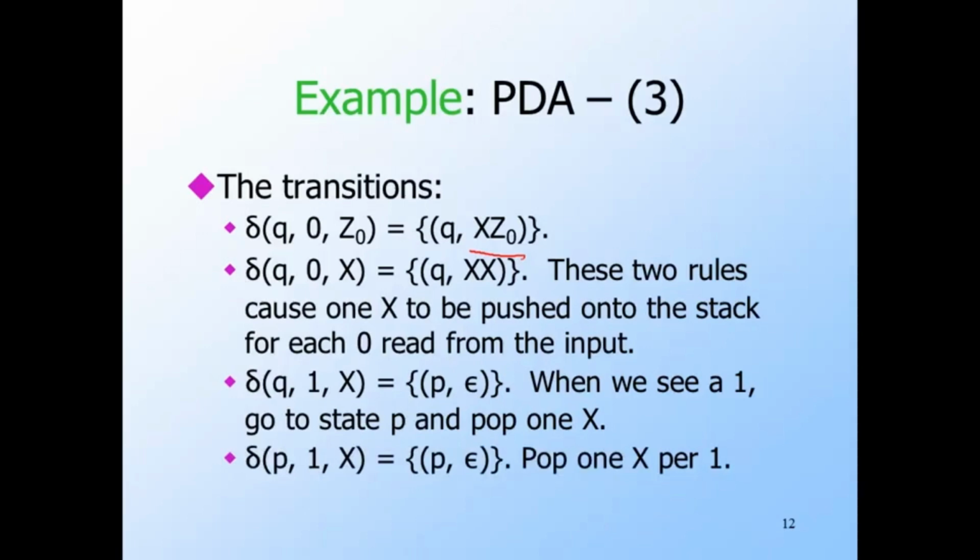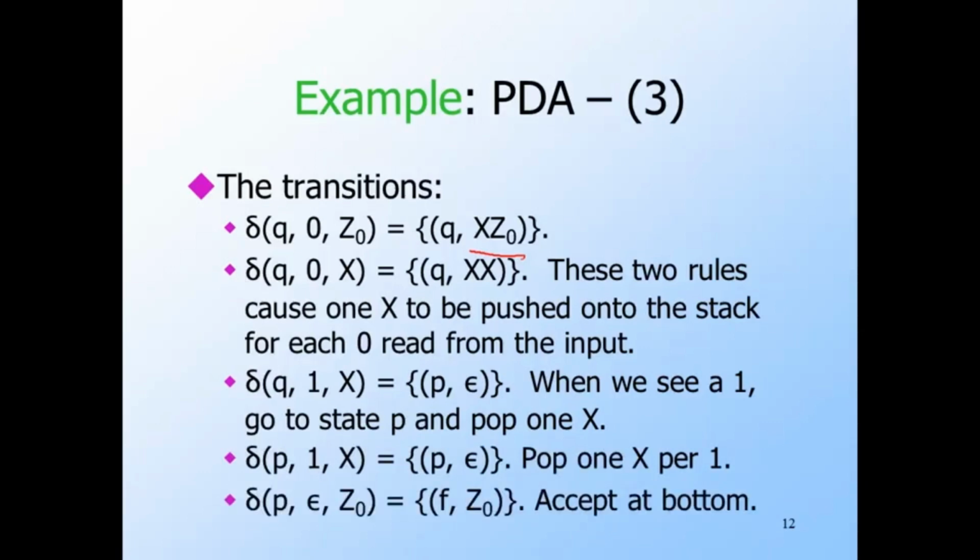Thus, after seeing n zeros followed by m 1s, the number of X's remaining on the stack will be n minus m. And thus, after seeing n zeros followed by exactly n 1s, there are no more X's on the stack, and the top symbol becomes Z0 again. The last move of this PDA says that if we are in state P with Z0 on top of the stack, then without using any input, we go to state F. The Z0 remains on the stack, although that is not important.